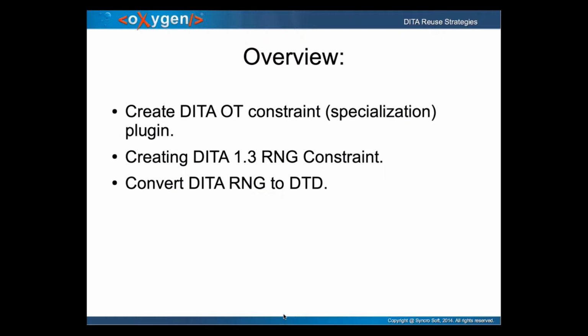And this is what we're going to do today. We're going to create a DITA Open Toolkit constraint plugin, by first creating the constraint in RelaxNG and then converting that RelaxNG to DTDs.